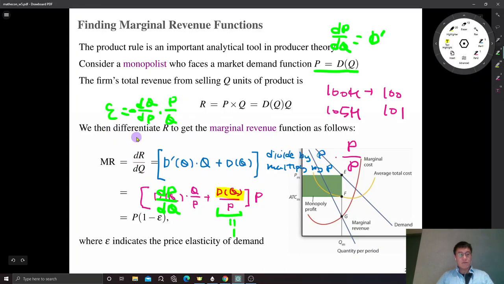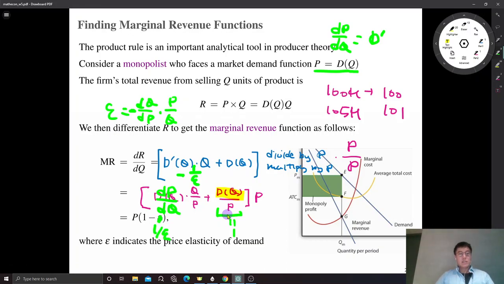If we compare this definition with this quantity, you can easily find that this is nothing but the negative reciprocal of price elasticity. So we obtain this. Oh, by the way, this is a typo. Not 1 minus epsilon, but 1 minus 1 over epsilon.